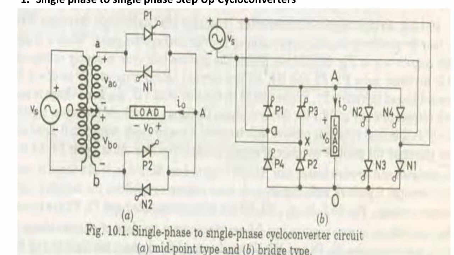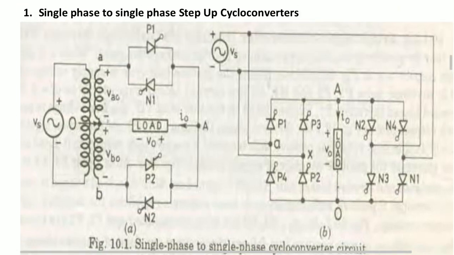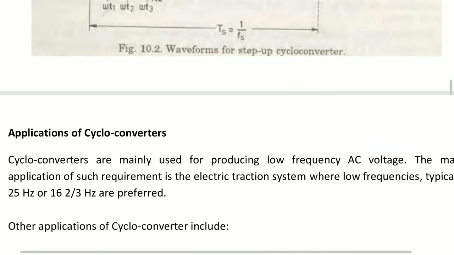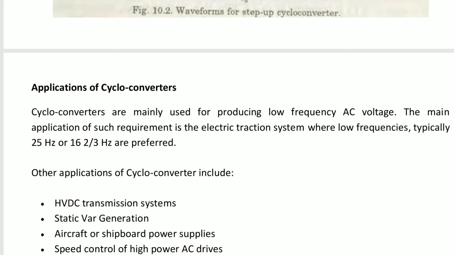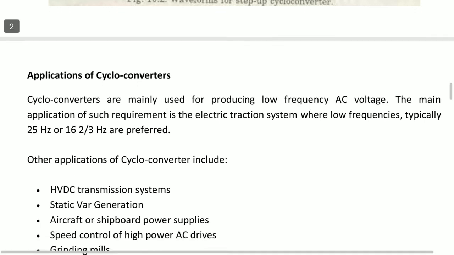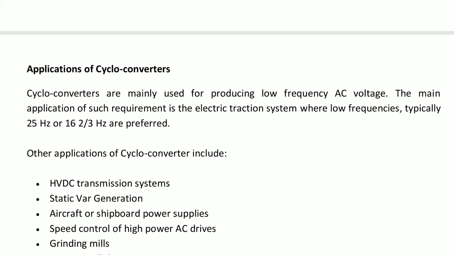Now we will discuss some applications of the cycloconverters. Cycloconverters are mainly used for producing low frequency AC voltage. Also there are some cycloconverters which can produce higher frequency, which we have just seen.